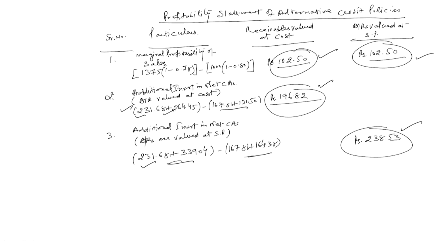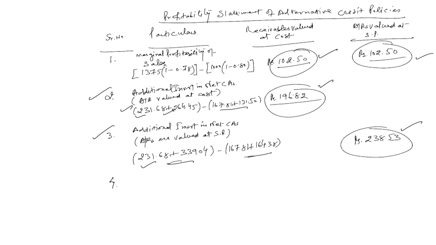Now, we will have to calculate the cost at these two levels, that is the total cost of investment, bad debt losses and the collection cost at 2 and 3. When the investment is 196.82, what is the total cost, and when the investment is 238.53 crores, what is the total cost?